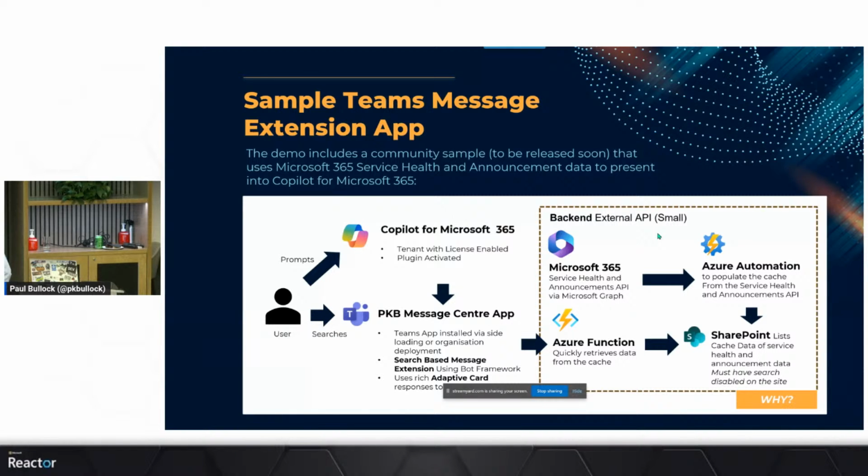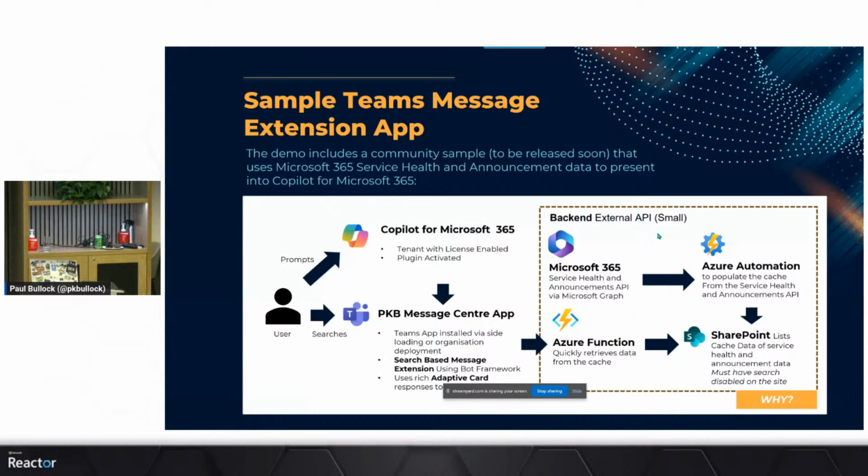So I've got my Teams app. I based it on a scenario. My data source is the service health and the announcements that are made in the message center within 365. So that's my data source. I thought it was quite an easy one, and people can relate to it and see what the results would look like.